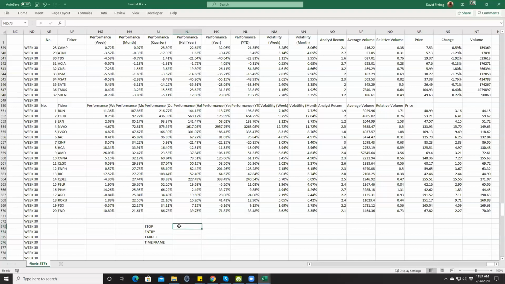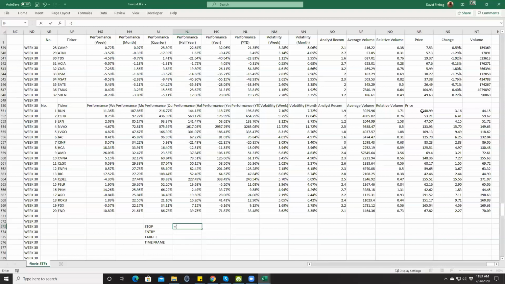So let's say that I was looking at RUN. What I do is I take the closing price on Friday. So there's the closing price. You can see this is the column for price. The closing price was $40.99. So just to make it easy in Excel, let's put a formula in there.